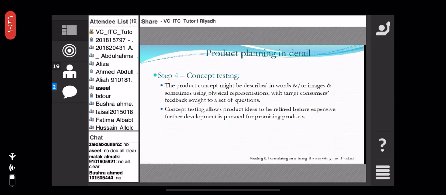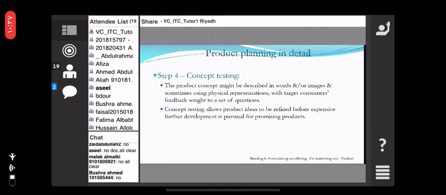Concept testing, how to do the concept test. The product concept might be described in words and/or images and sometimes using physical representations. We target consumers' feedback to a set of questions. Sometimes organizations want to test their concept, meaning some idea came into their mind and now they want to test their idea, their concept.